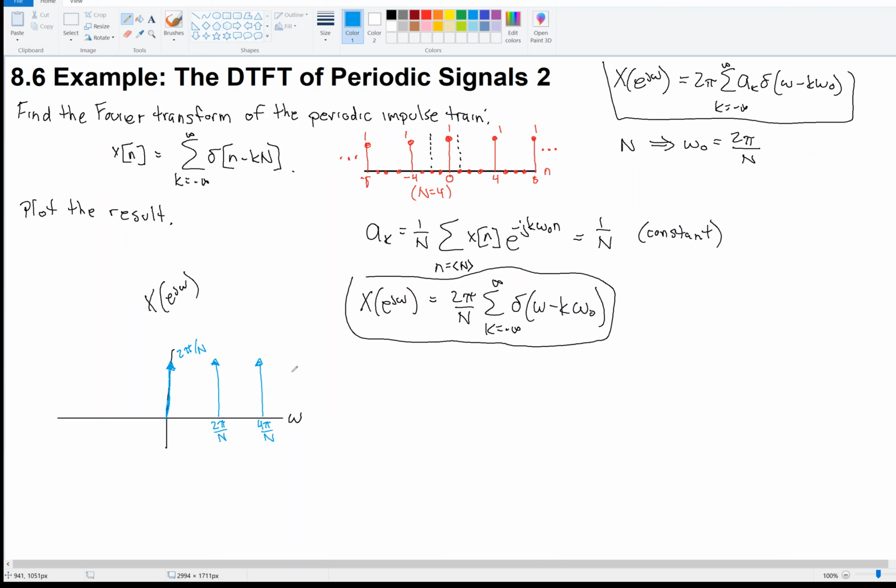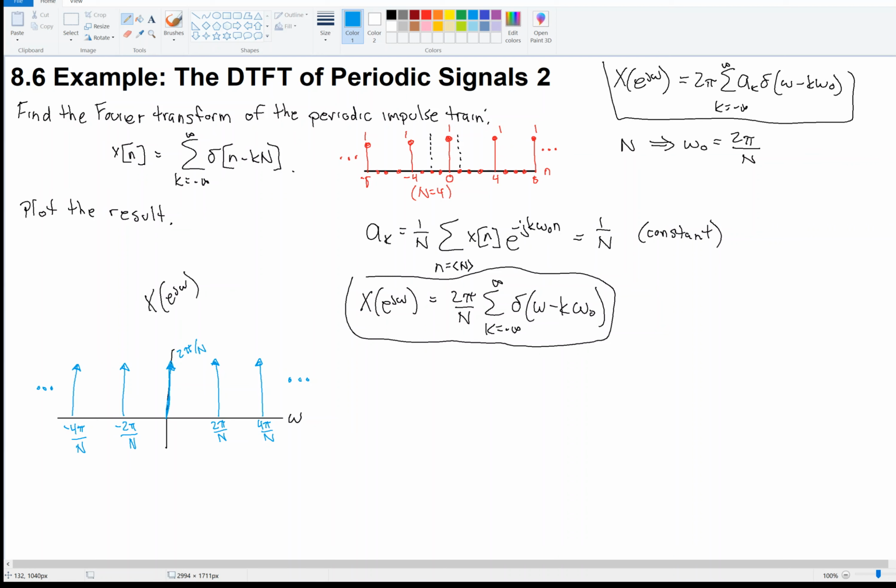We would just continue on like this, regularly spaced by 2 pi over n, 4 pi over n, 6 pi over n, and so on. The k equals minus 1 term, you can work that out. Those are impulses shifted to the left: minus 2 pi over n, then minus 4 pi over n, and so on.